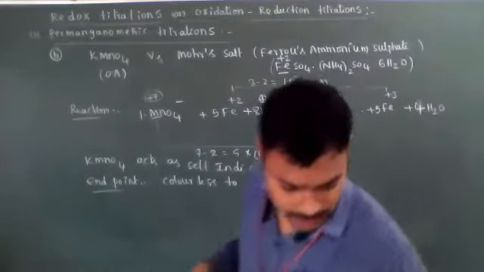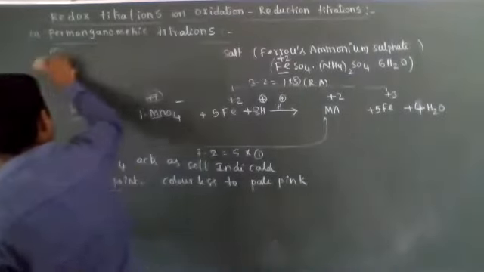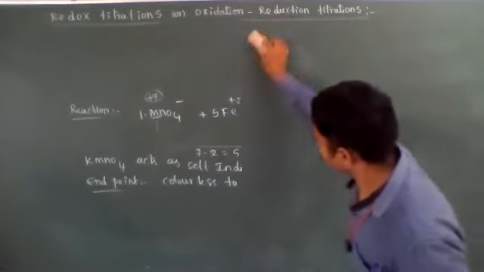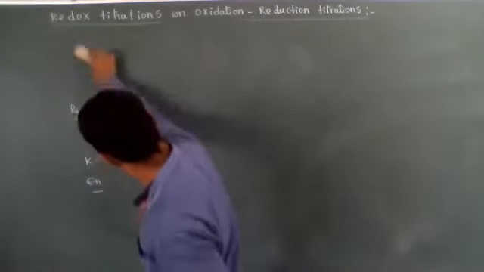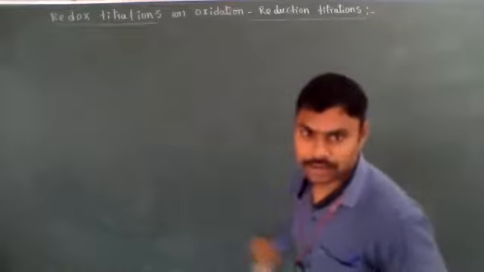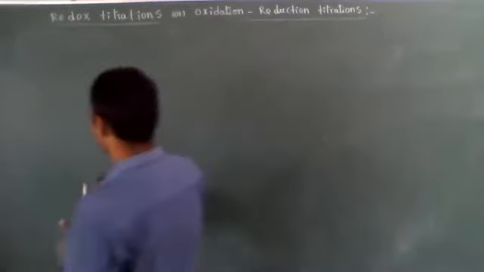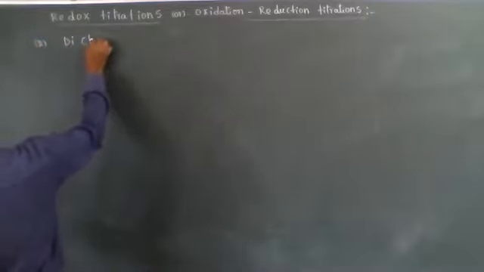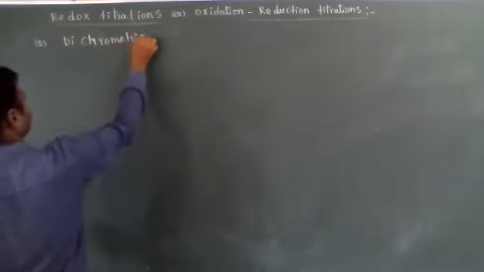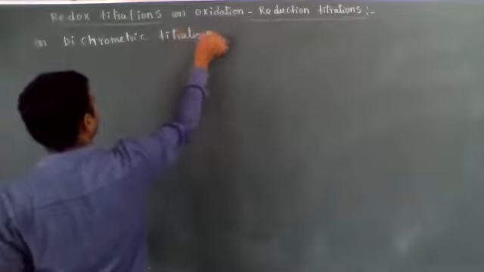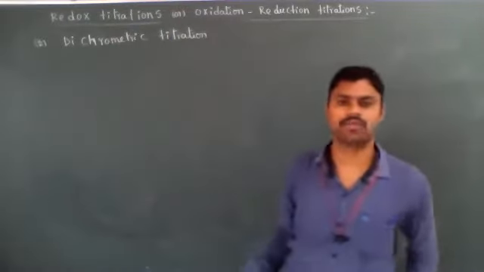Okay, students. Next, dichromate titrations. The second one is dichromate titrations. Dichromate titration means potassium dichromate, K2Cr2O7.